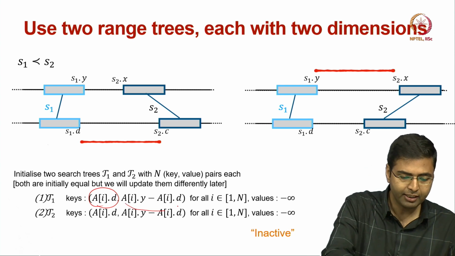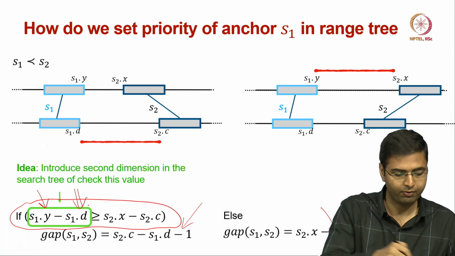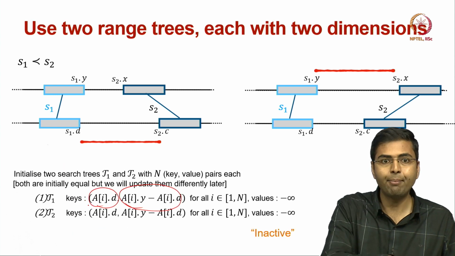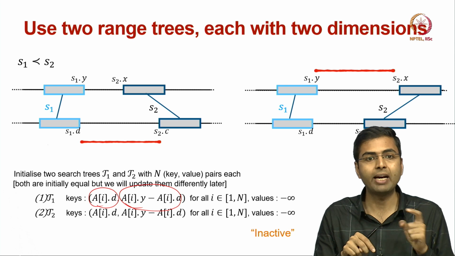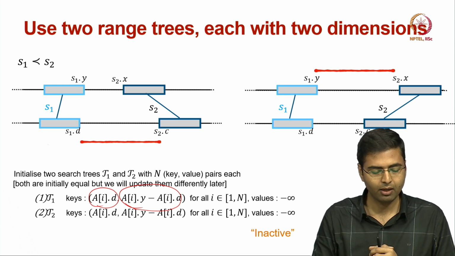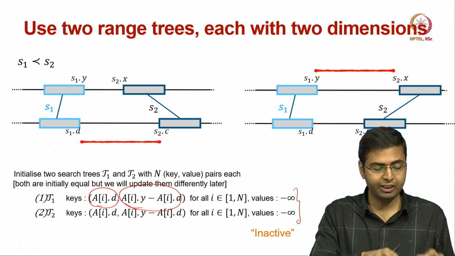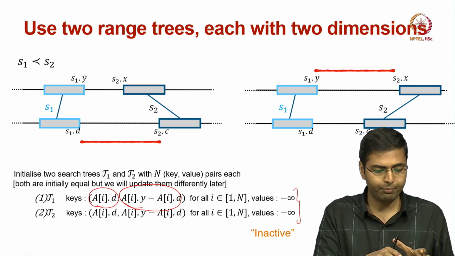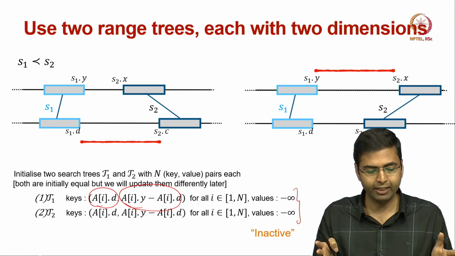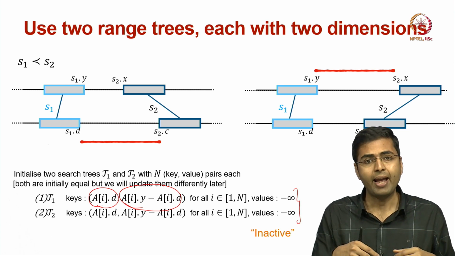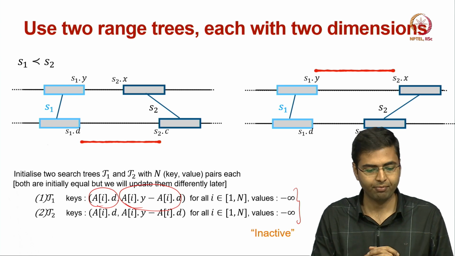Now the second dimension we are introducing, to check for this inequality, is the difference of y and d coordinates of that anchor. We are going to initialize two trees which initially look identical because we are initializing them with the same set of keys, and all the values are negative infinity. But as the algorithm proceeds forward, we will update these trees differently.